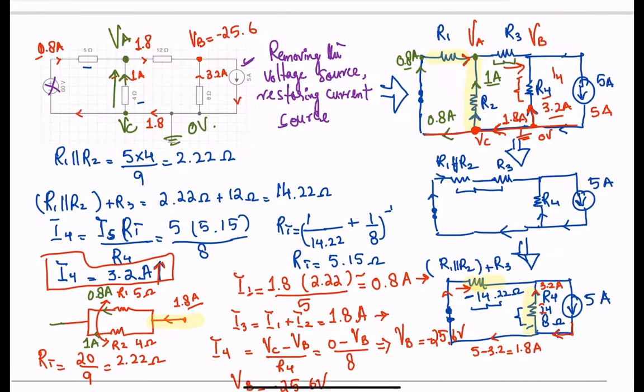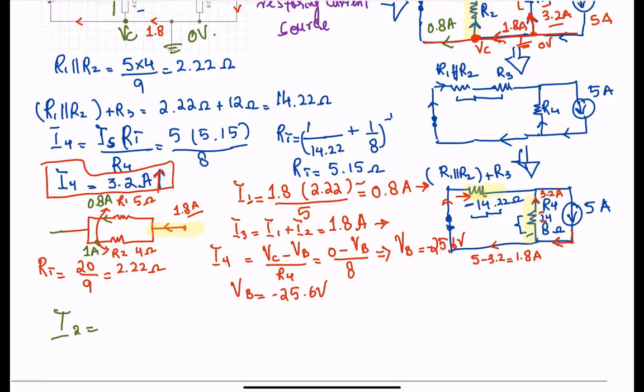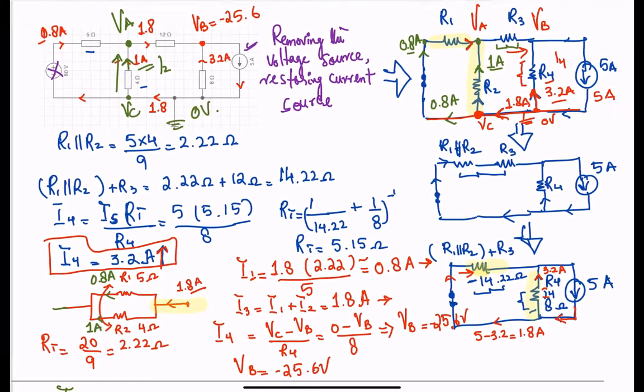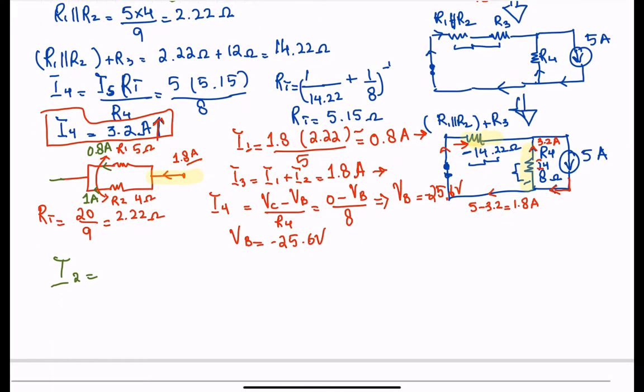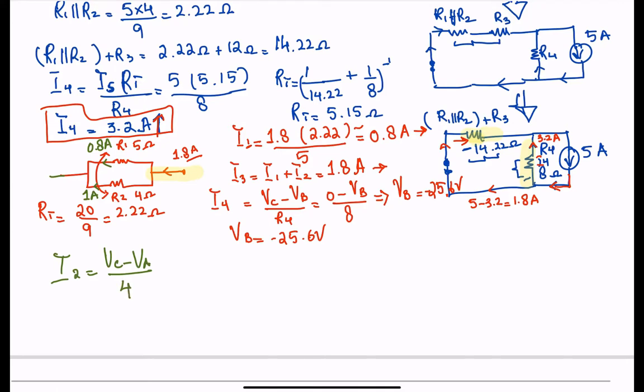I2, the current which is 1 amp, remember this is I2, this is I1, and I4 is 3.2 amps. So I2 equals VC minus VA over R2. R2 is 4 ohms, so you have 4 ohms here.